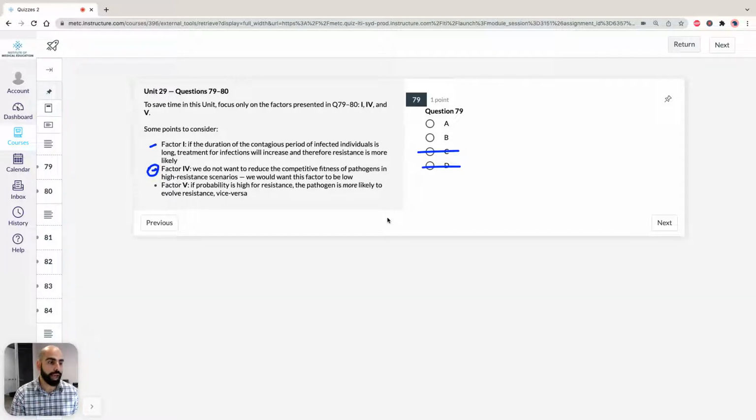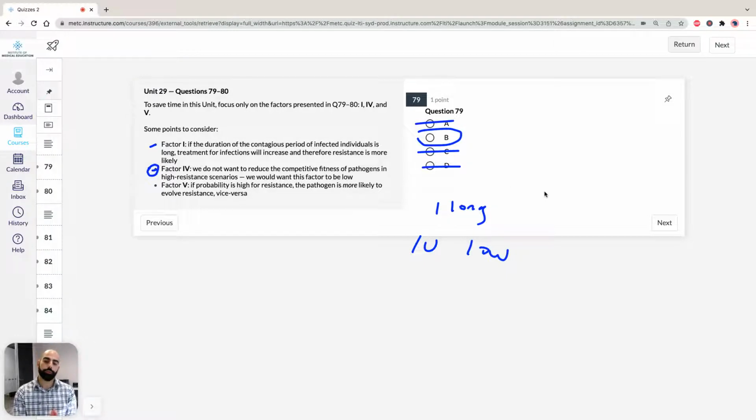In high resistance states, we don't want to reduce the competitive fitness. So that means this number 4 for resistance has to be very low. So that's why 4 is low. So we know 1 is long, 4 is low. So therefore the answer for 79 has to be B.